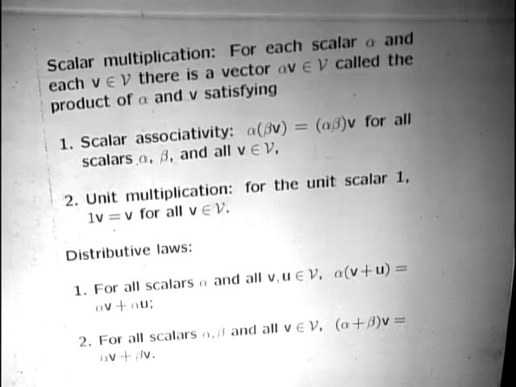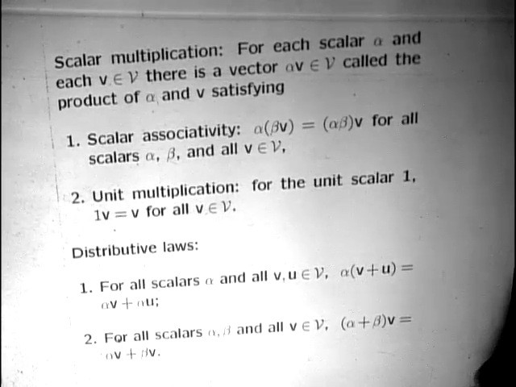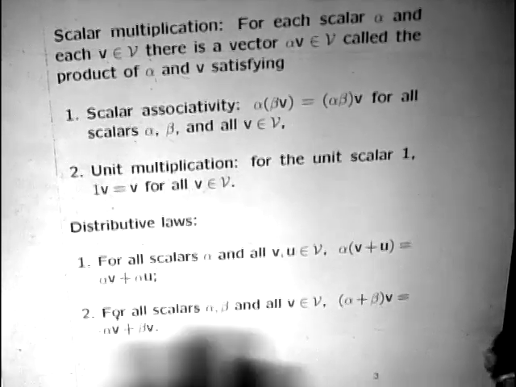You multiply a function, for every t, you multiply it by 1, and you get the same thing back again. For an n tuple, you multiply every component by 1, you get the same thing back again. So that's just another axiom. And then we have these distributive laws, and I won't read them out to you. They're just what they say. I want to talk about them in a second a little bit.